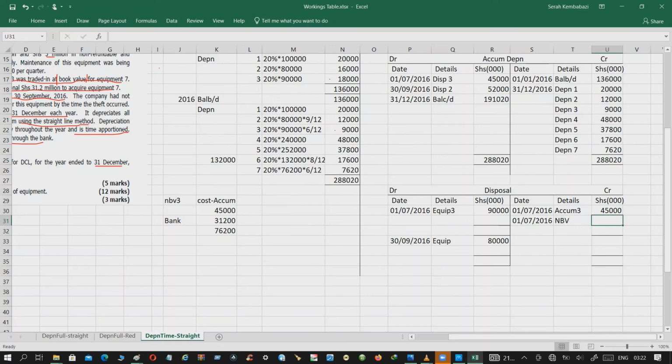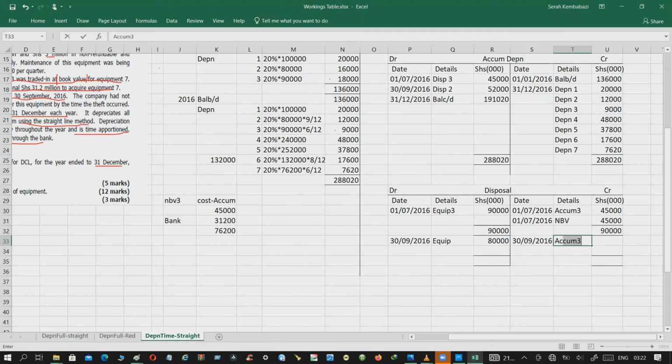Not forgetting, we are going to report net book value instead, because remember this equipment was stolen, right? That's why we have not put in gain or loss on sale.